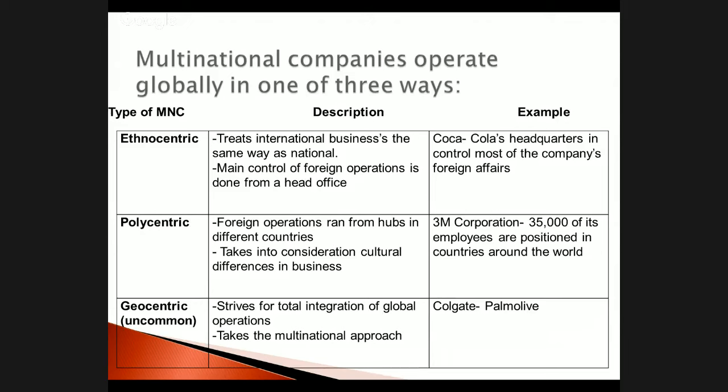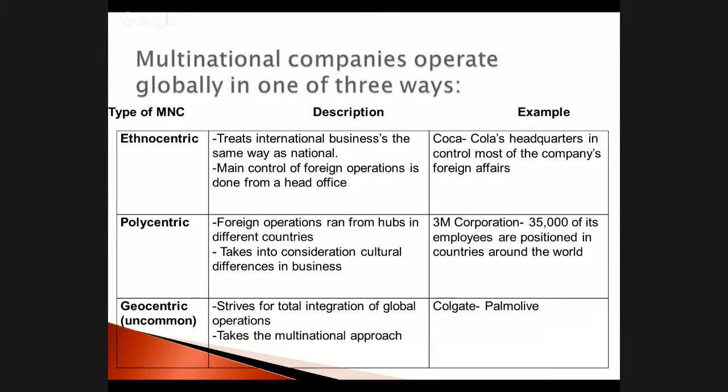So ethnocentric treats international businesses the same way as national. The main control of foreign operations is done from a head office at home. Essentially, it's a very self-centered way of doing business. Ethnocentrism at its root is sort of a feeling of superiority of any one nationality.